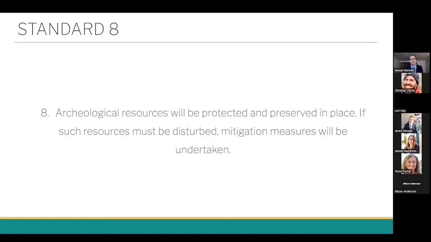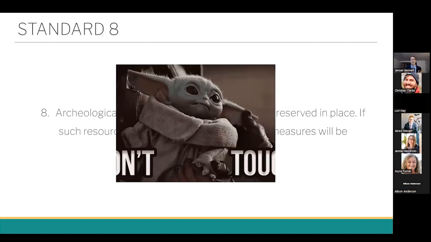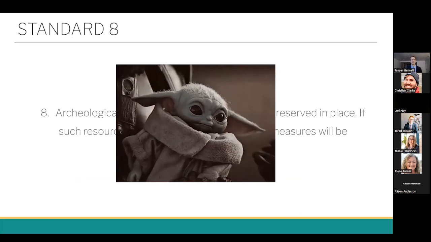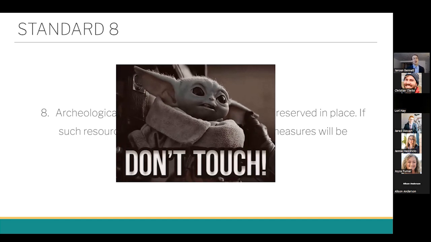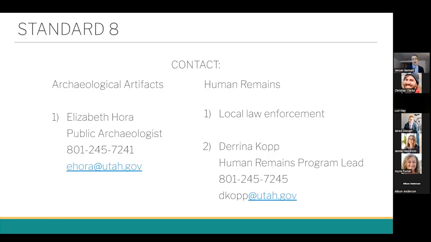Standard 8 deals with archaeological resources and says that archaeological resources will be protected and preserved in place. If such resources must be disturbed, mitigation measures will be undertaken. The simplest way to deal with archaeological resources is to just not touch them. Now, occasionally you have to, and I am not qualified to discuss archaeological artifacts or resources.